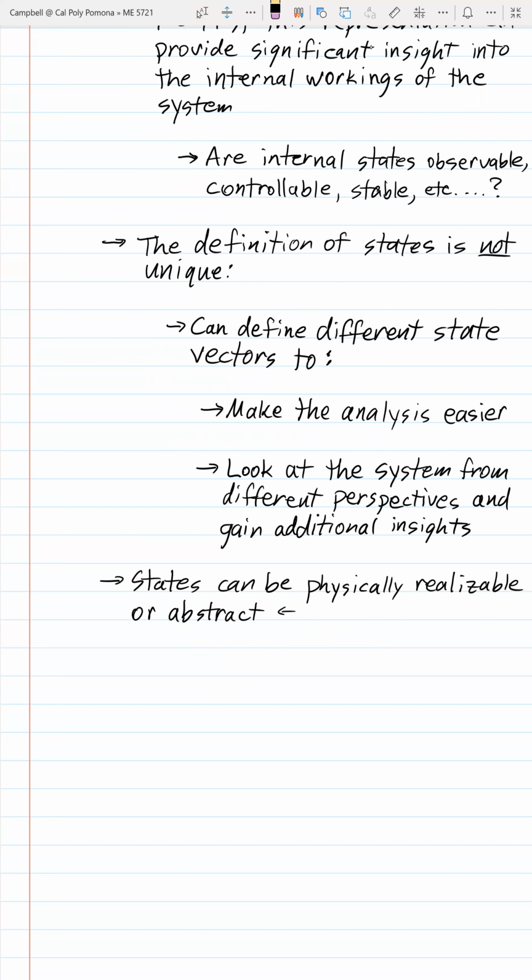And this last one is generally used to make the math easier. But it can be used also to give us that insight into just what we're interested in.